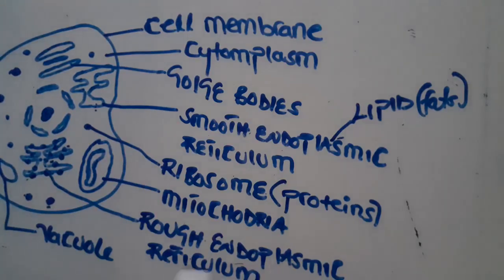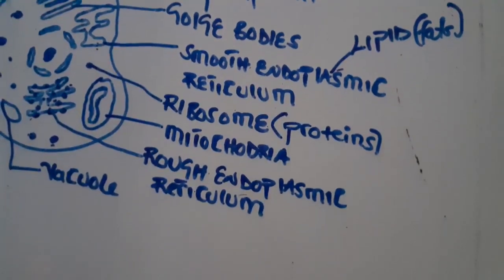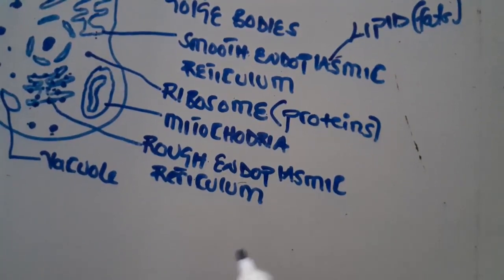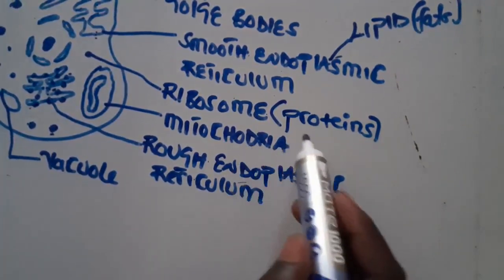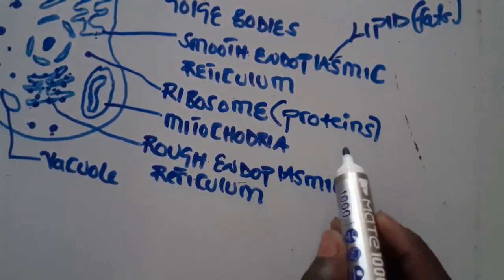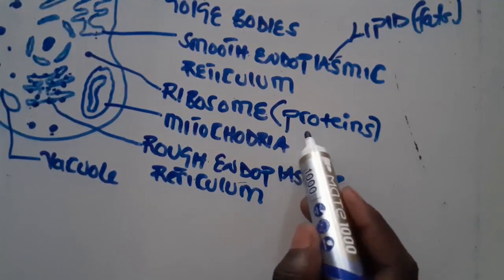Now if we talk about the rough endoplasmic reticulum, it contains the ribosomes, and we have agreed that the function of the ribosomes is to produce or make proteins.